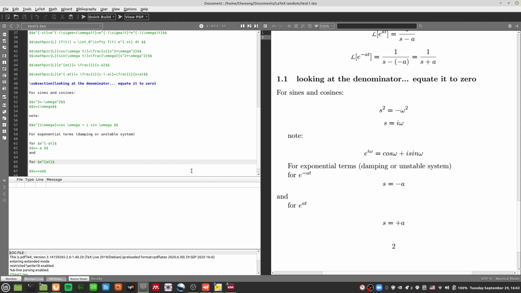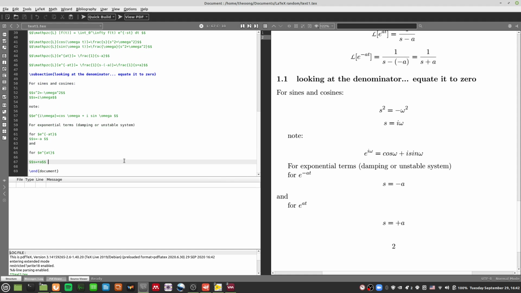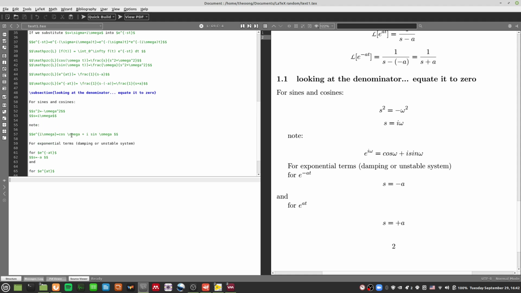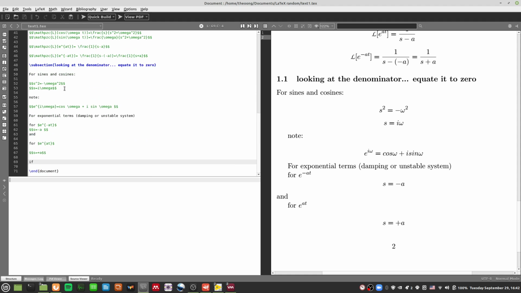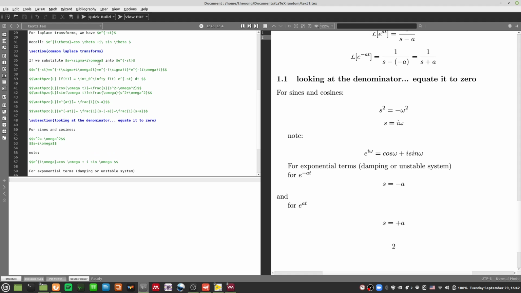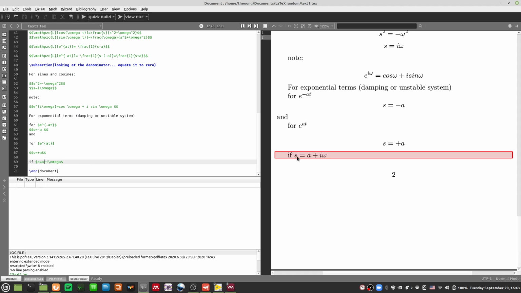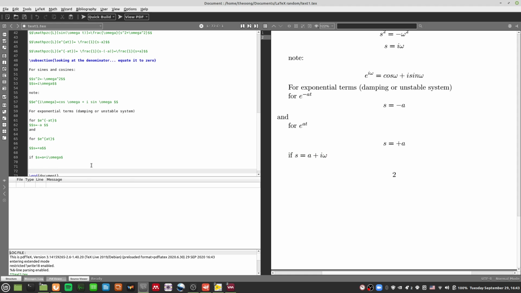So let's say a general expression. You can sort of guess a pattern here. If s equals a plus i omega, then what can you expect the solution to be?